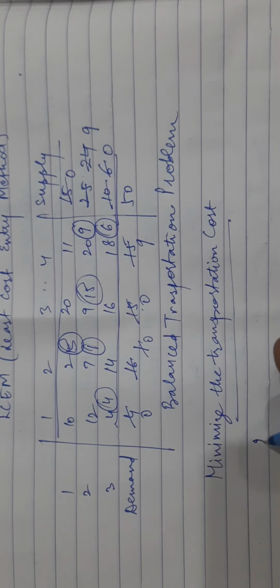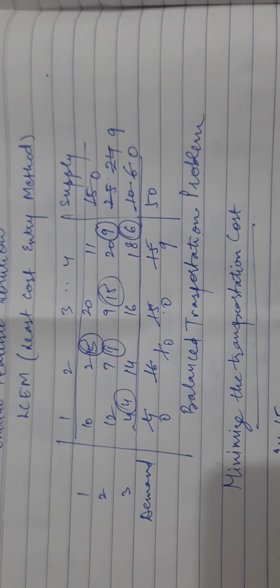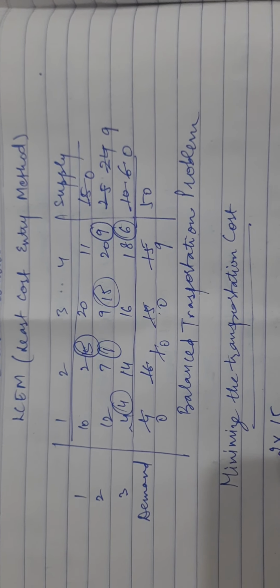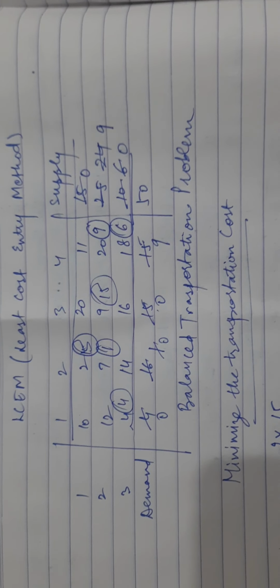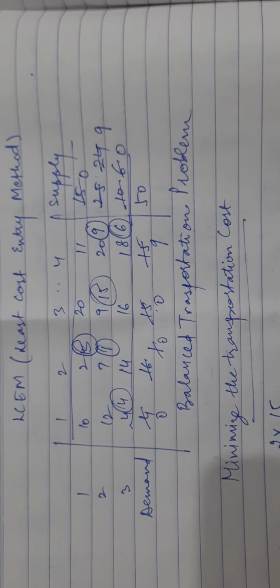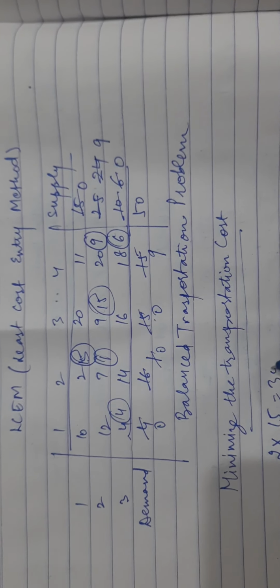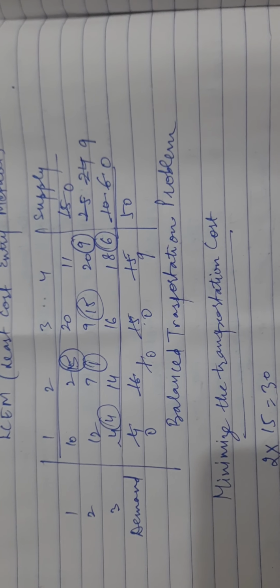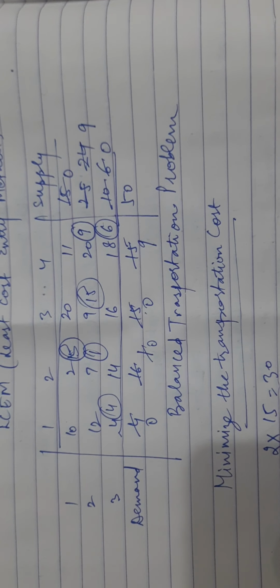So the cost in this case is 2 multiplied by 15. This is the cost, this is the number of units: 7 into 1, 9 into 15, 20 into 9, 4 into 4 and 8 into 6. So this is 30, this is 7, 15, 9, 9 and 15.